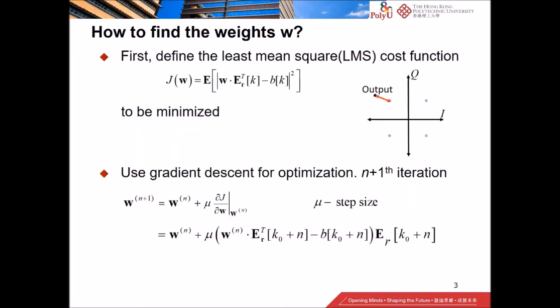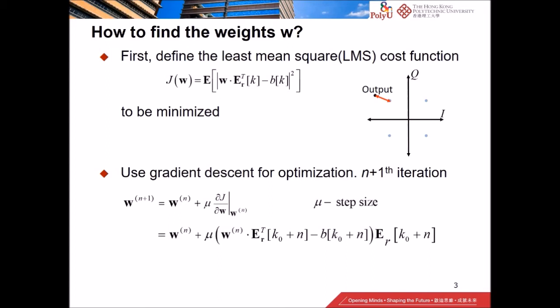Typically we would use adaptive signal processing, meaning we don't assume that we know the channel transfer function exactly, and we don't know the nonlinear interference or nonlinearity part of the transmitters in advance. So we would need to find the best filter weights on the fly.